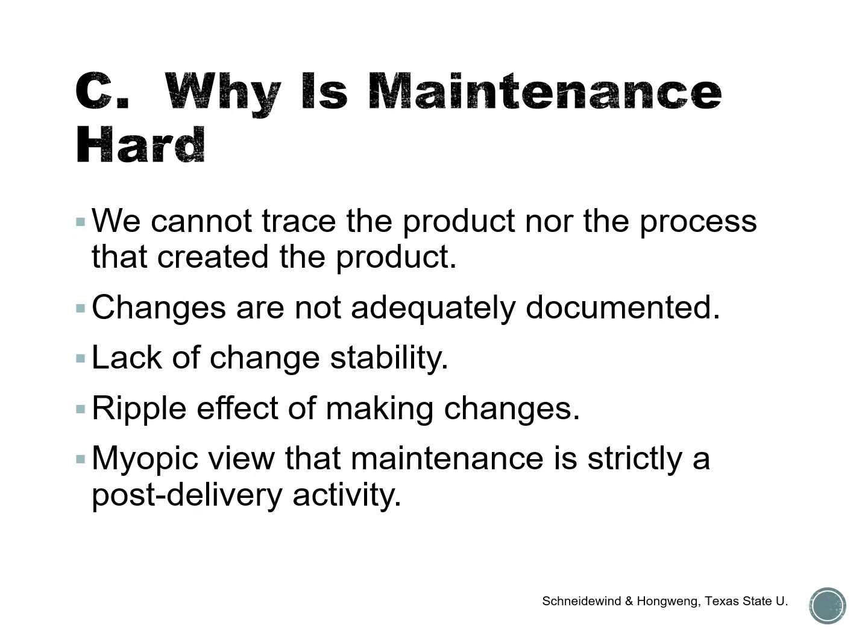So why is the maintenance hard work? We cannot trace the product nor the process. We don't have access to anyone who still knows how the system was made. If you had a software engineering course given by me in the past, you know that one of the most important aspects which improves software testing practices or software quality is simple.